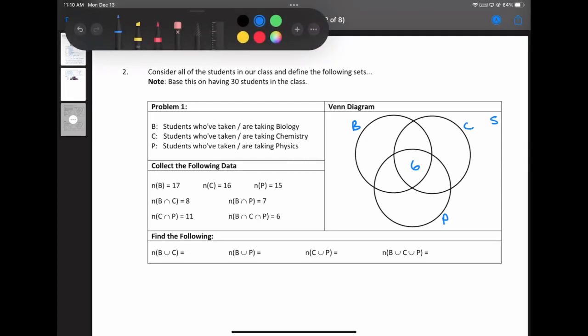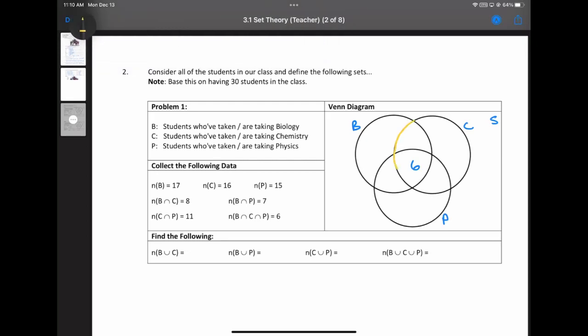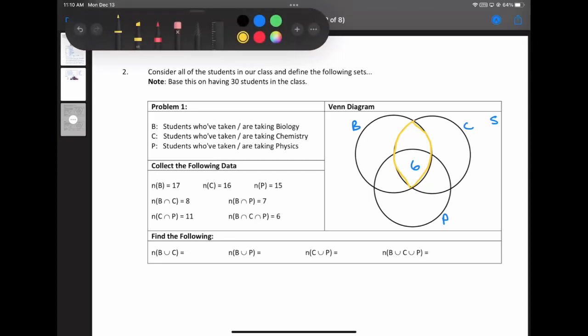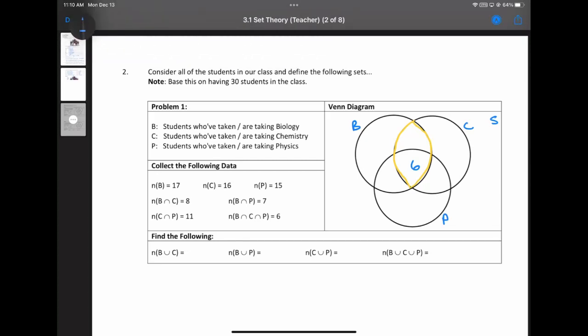So in order to have 8 people in this football, there's already 6, so I have to put 2 more up here. So there's my 8 people that are biology and chemistry. Similarly, biology and physics is going to be kind of the left football. It has to have 7 people in it. There's already 6, so there's now 1 more.